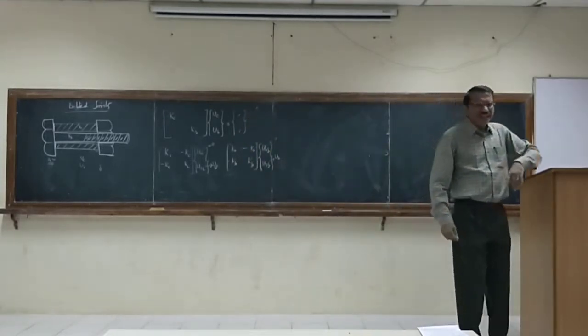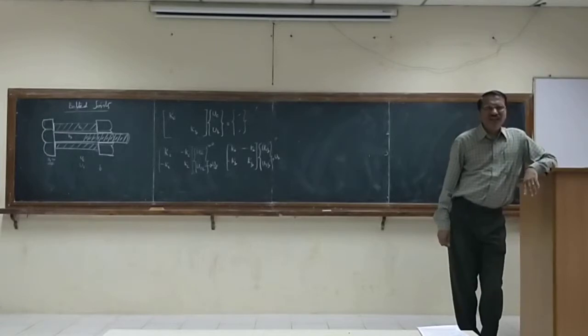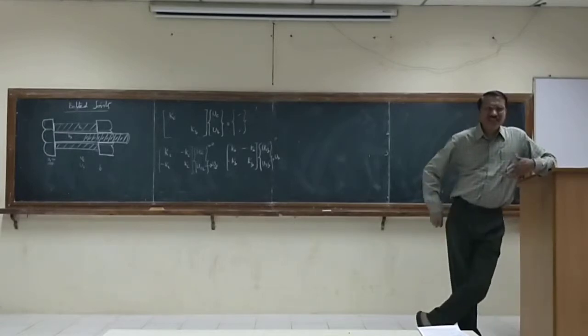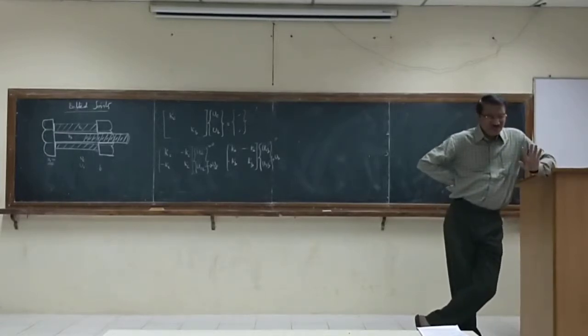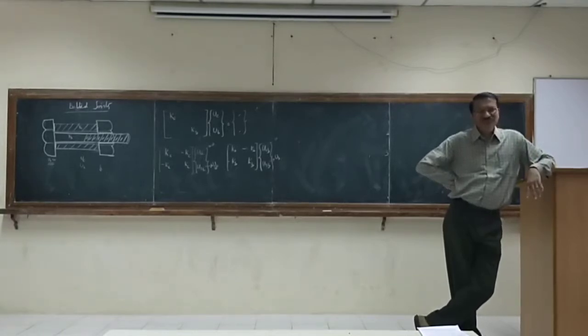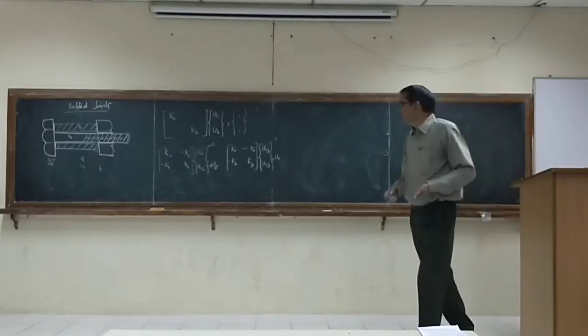Let us say it is possible, but that is a very, very complicated process and we are not interested in going through that route. Then how can we bring in the constraint condition here? What's the constraint equation here?